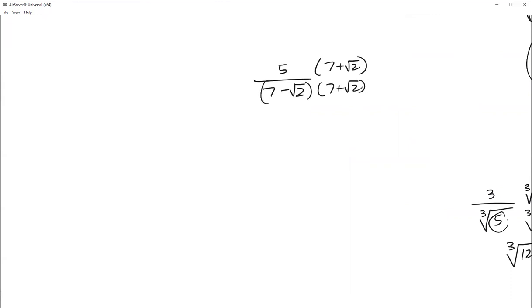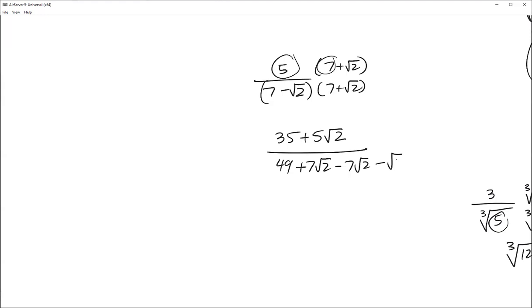So if I multiply the top, the distributive property, it'd be 35 plus 5 radical 2, all over 49 plus 7 radical 2 minus 7 radical 2 minus radical 4. This ends up equaling 35 plus 5 radical 2 over, these cancel out. This is 2, so it'll be 47.